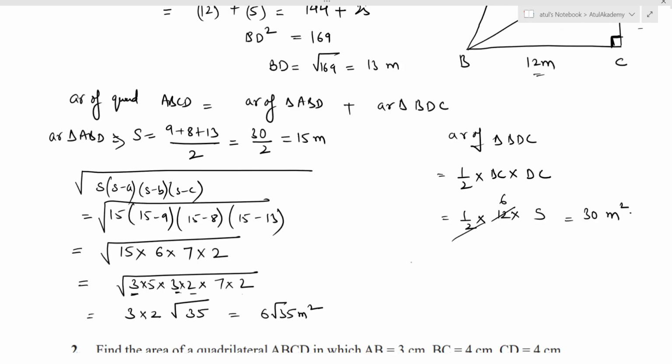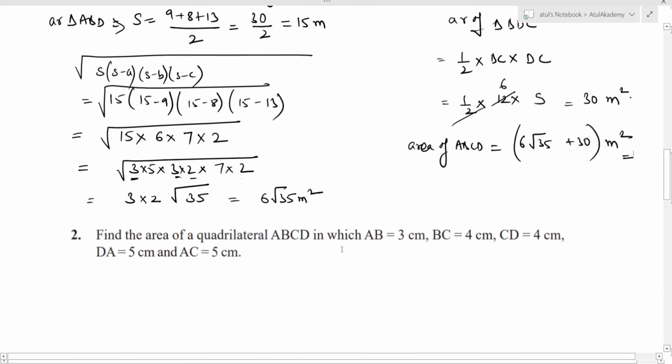Now the area of whole ABCD is equal to 6 root 35 plus 30 meters square. You can write your answer this way also, or you find square root of 35, get it in decimals, multiply it by 6 and add to 30. That is also the way. Fine, both the ways are correct.